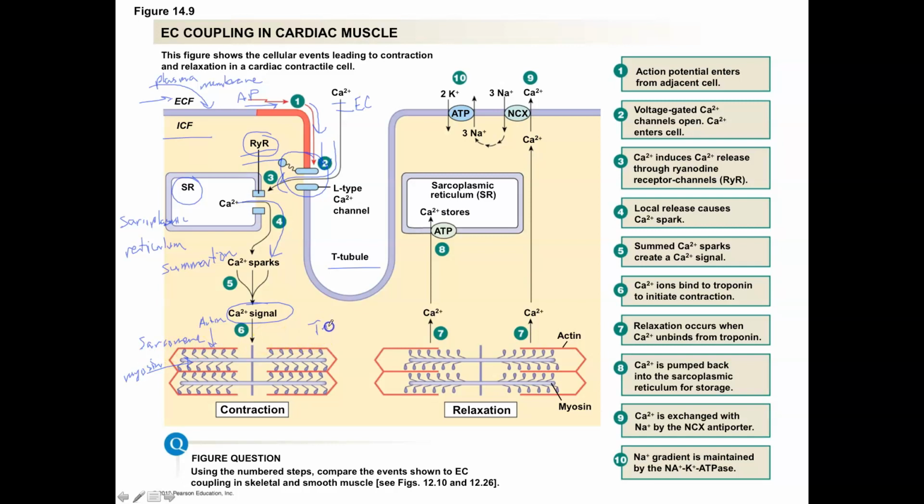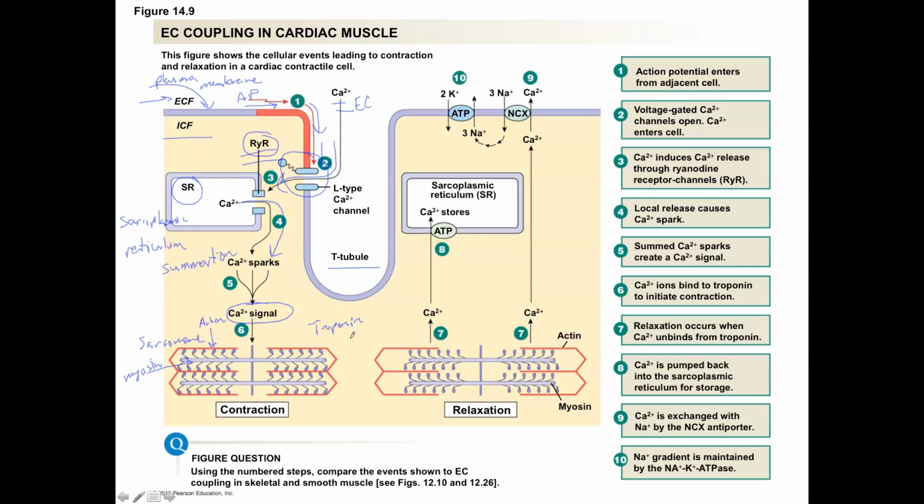So troponin is actually found resting on a protein called tropomyosin, and both troponin and tropomyosin sit on the actin protein. And what this is doing is, when calcium binds troponin, it's moving the tropomyosin protein so that myosin and actin can bind with each other.